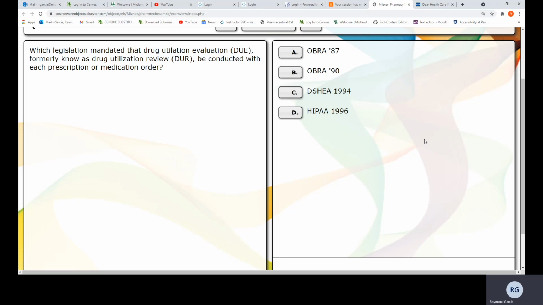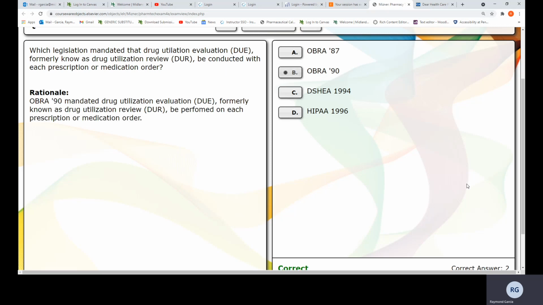This is more geared to the pharmacist counseling the patient. Should be B. OBRA 90 mandated drug utilization evaluation, DUE, formerly known as DUR, be performed on each prescription or medication. So anytime you see DUE, DUR, it's going to be dealing with OBRA 90.